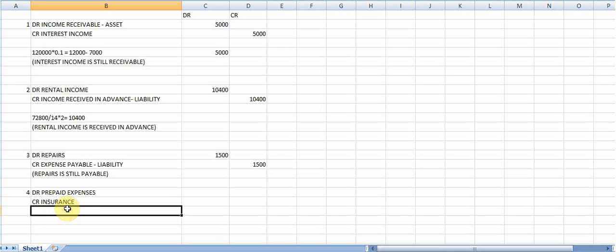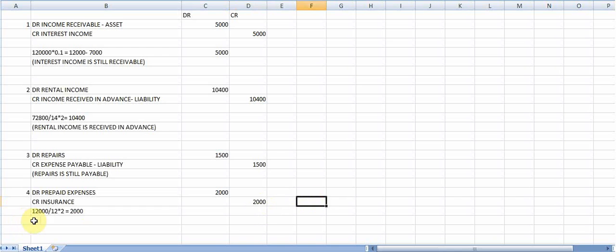So now I'm going to say it's 12,000. It was paid on 1 March for a year, so it was 12 months that were paid for, but 2 of them do not fall within my financial year. And that should give you an answer of 2,000. So there I'm going to say 2,000 and 2,000. And I'm going to have a narration which says insurance was prepaid.